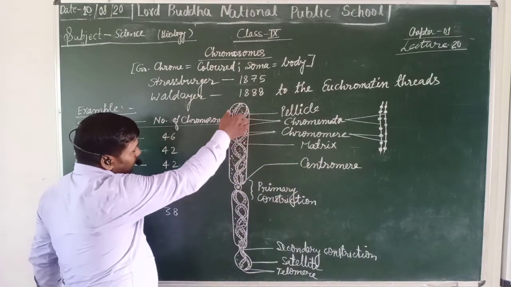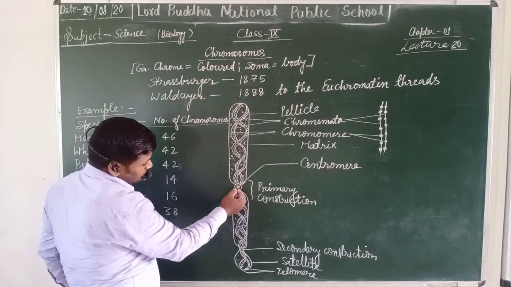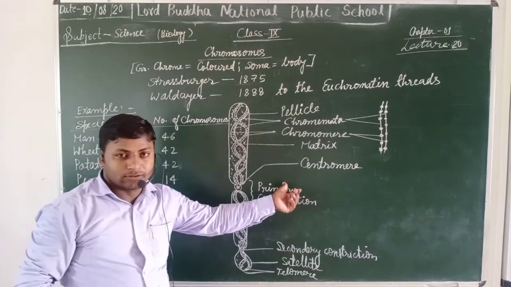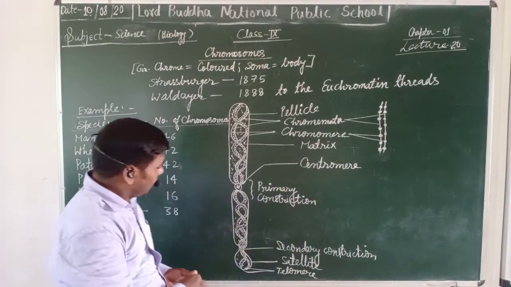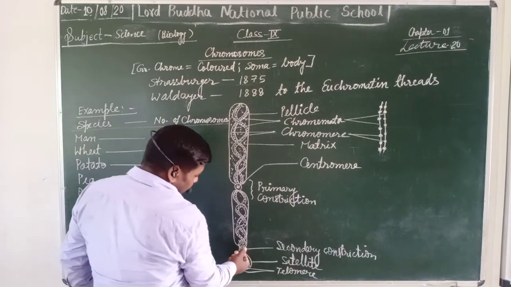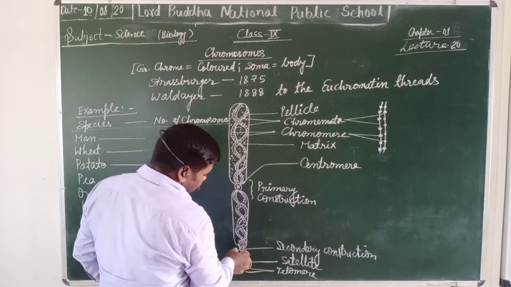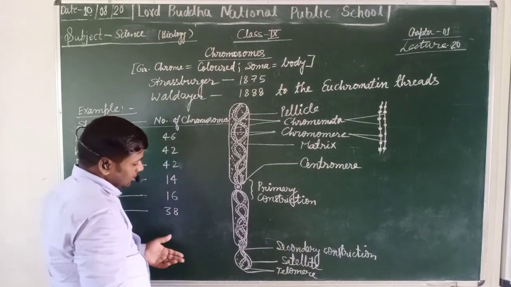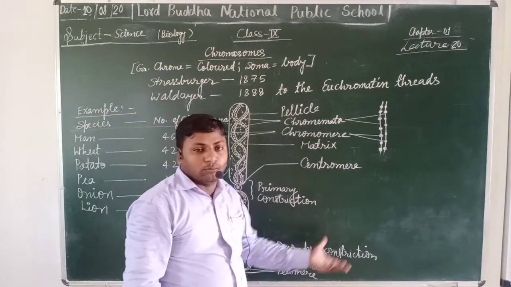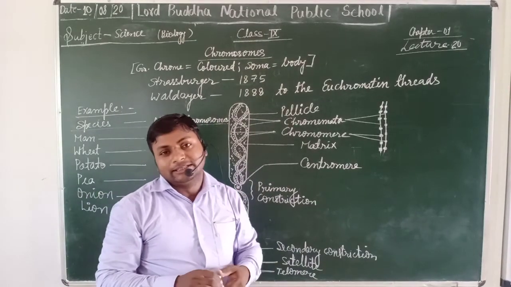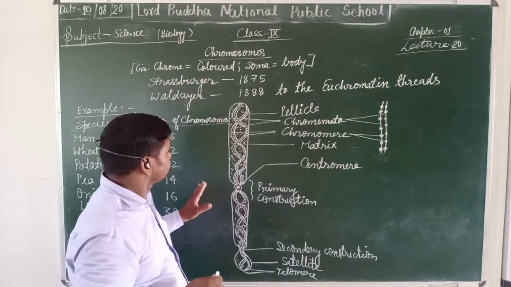And where the chromonemata get fused to form the region of primary constriction, that is called the centromere. And further, where the chromonemata get fused to form the region of secondary constriction, and the end of the chromosome forms a spherical body, that is called the satellite.